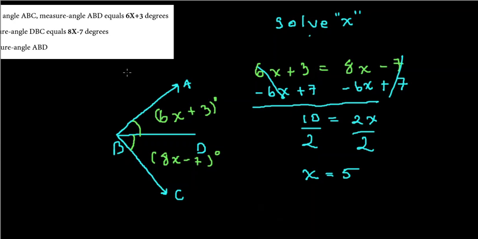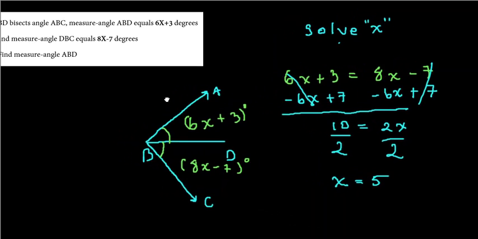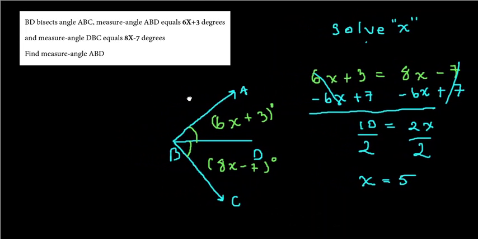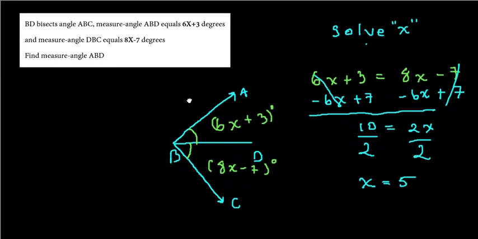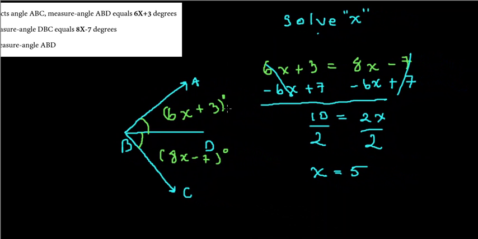That's not what the problem is asking. Usually people are very tempted to go and say 5 and just leave it there. We're not done. The question asks find the measure angle of ABD. So they're basically saying what is 6x plus 3, and we know what x is, we just solve for it.